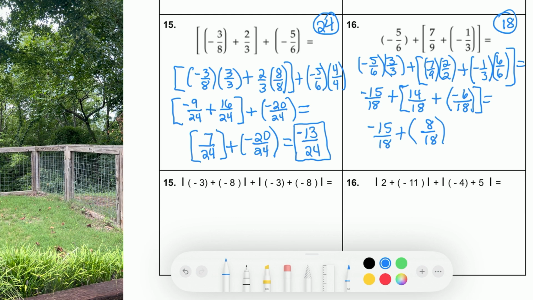All right, so now we have negative 15 plus a positive 8. Different signs, so we're going to subtract, keep the sign of the greater. So the difference between 15 and 8 is 7. So we have 7 18ths. 15 is greater than 8, so we're going to have a negative answer of negative 7 18ths.